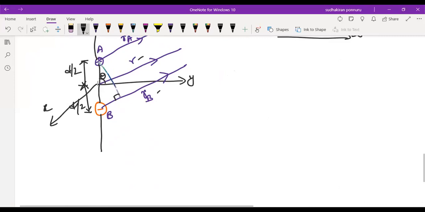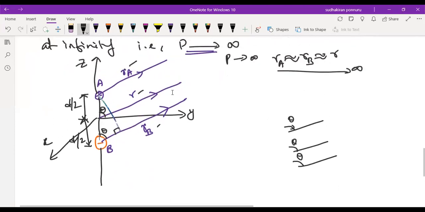Three parallel lines are there. So if this is making an angle of theta, obviously this will make an angle of theta, and this is also making an angle of theta. Observe the diagram carefully.